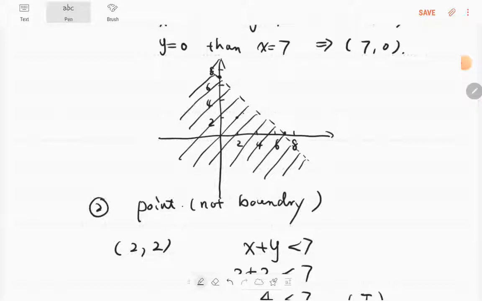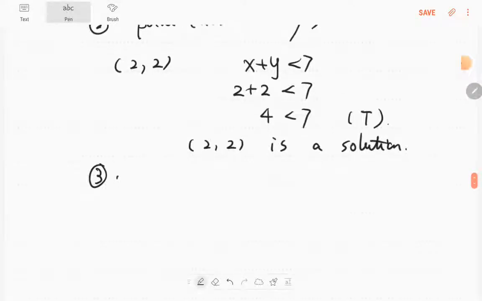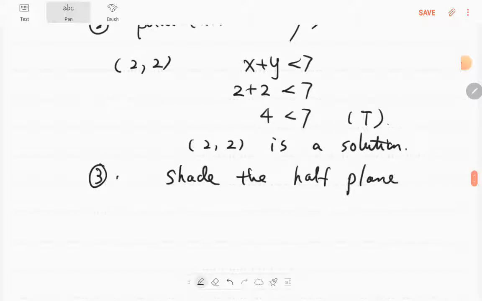Then we know the whole half plane including this point will be our solution set. So we just shade the half plane including 2, 2. So we finish our graph.